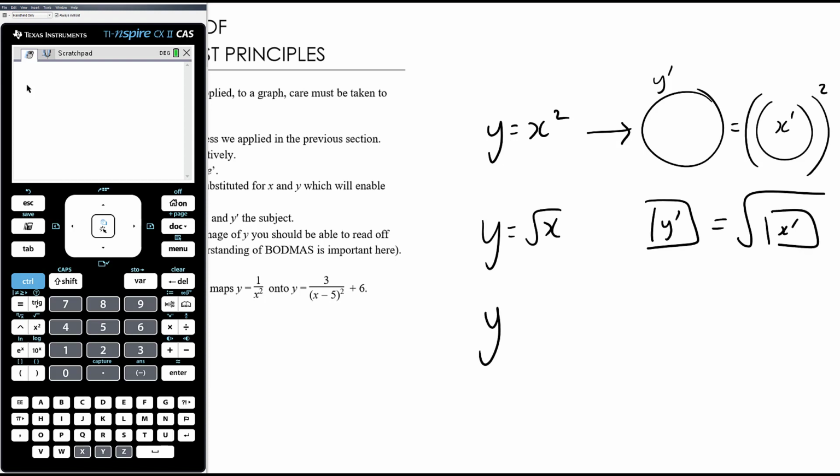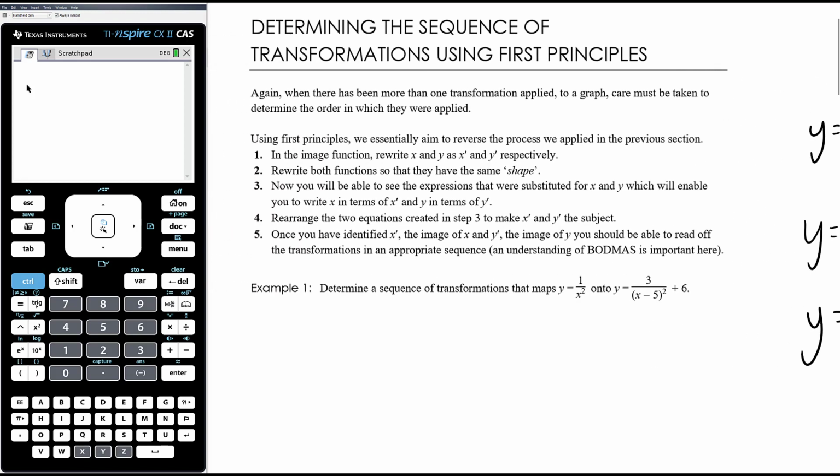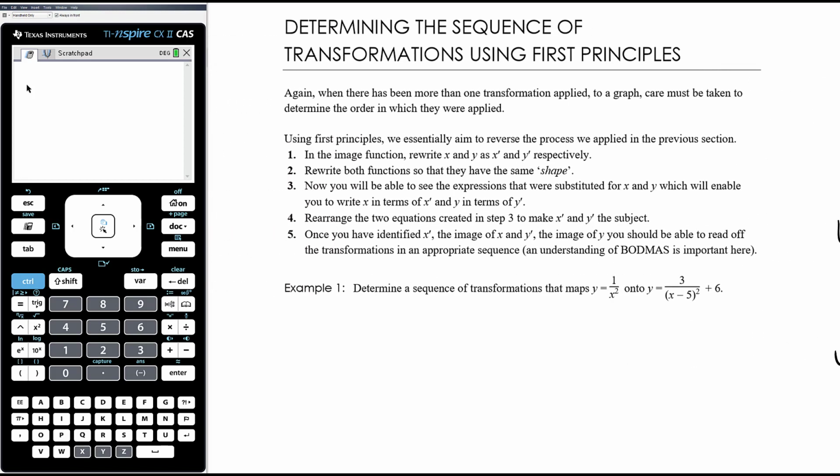Okay, if your original function is y equals 1 on x, then when you rearrange the image functions to get them in the same shape, you want something involving y dash to be equal to 1 over something involving x dash. So you want to get them in the same shape. I know that's a loose instruction, but we'll see that executed.